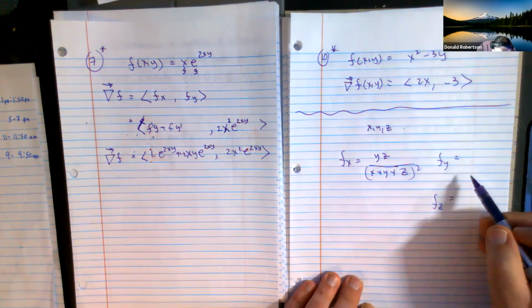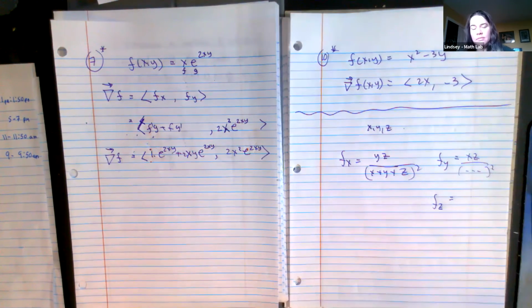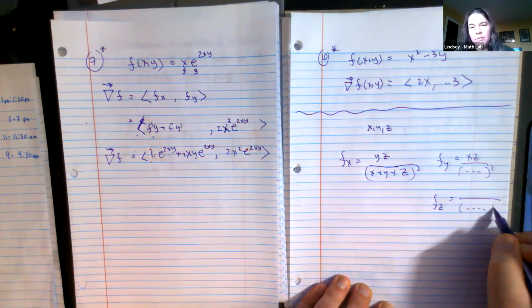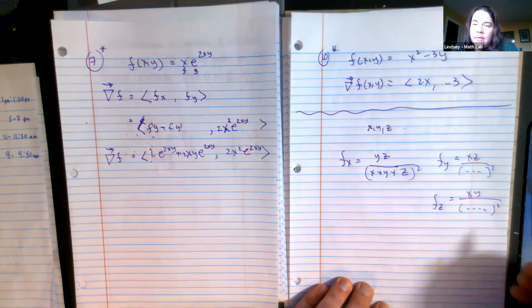XZ over Y, X plus Y plus Z squared. Right. And the third one? XY over the same denominator. Right.